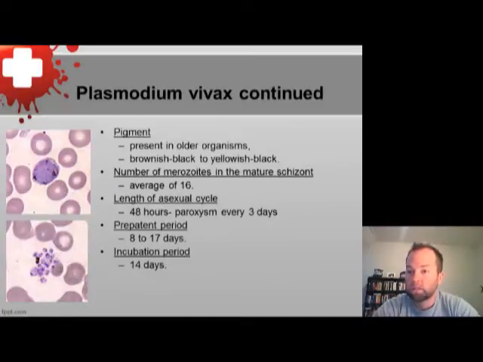It looks like it's ruptured already, so it may not be an accurate count of the number of mature merozoites in the schizont, but Plasmodium vivax averages around 16 merozoites, which is a species-specific number. The length of the asexual cycle is 48 hours, resulting in a paroxysm every 3 days. Prepatent period is 8 to 17 days, and the incubation period is 14 days.